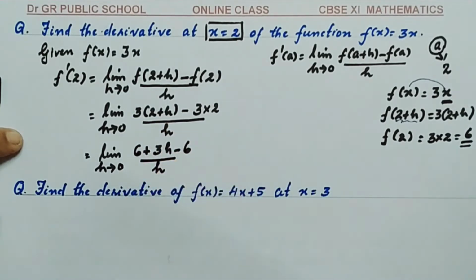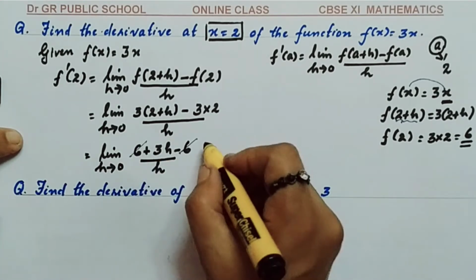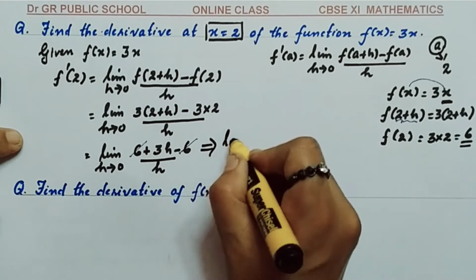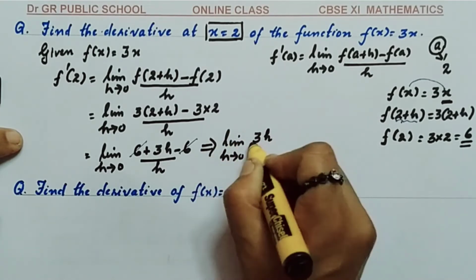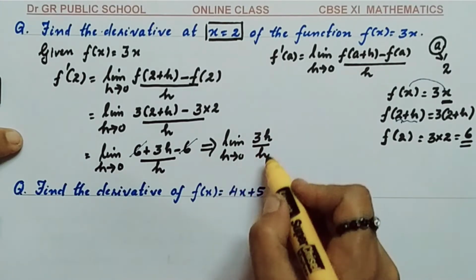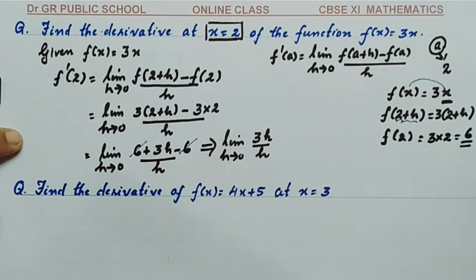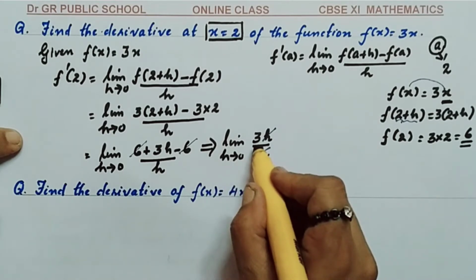You can see that the plus 6 minus 6 get cancelled. The remaining is limit h tends to 0, 3h by h. Don't substitute the value of h as 0 now, because it will become an indeterminate form. Again, make a cancellation. At last, you can see that limit h tends to 0 of 3, where 3 is a constant.